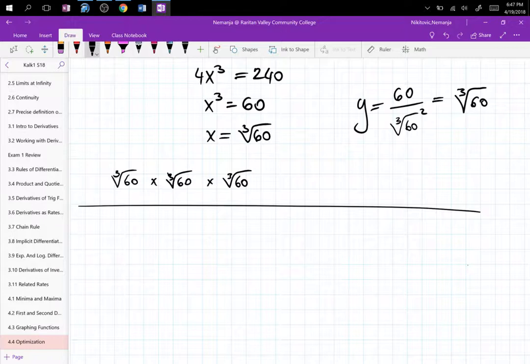So x squared y equals 60 is the constraint. You are working within those constraints. Your box must have 60 inches cubed, right? So that's a constraint. Would you agree? Otherwise, you're creating any box. But I'm imposing a constraint on you. It must have 60 inches cubed.